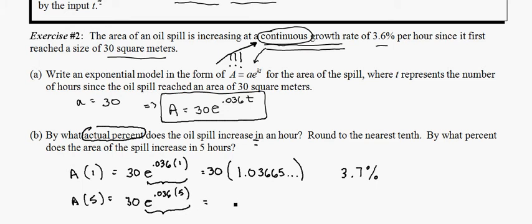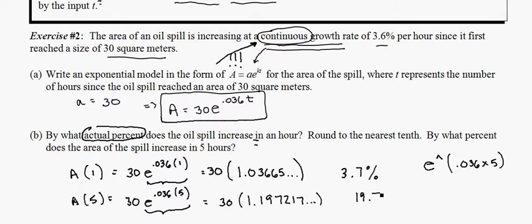So if I put this into my calculator, you might have something like this, e raised to the 0.036 times 5, right? And that would give me 1.197217, etc. The point is, after 5 hours, I get to multiply by 1.197.